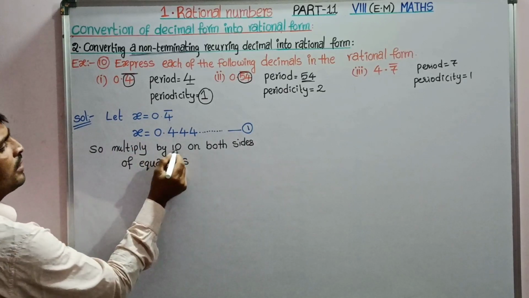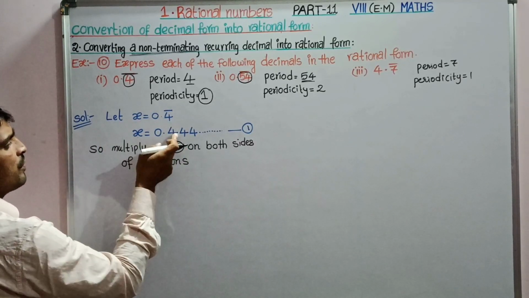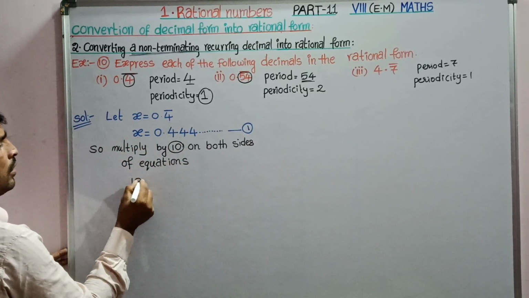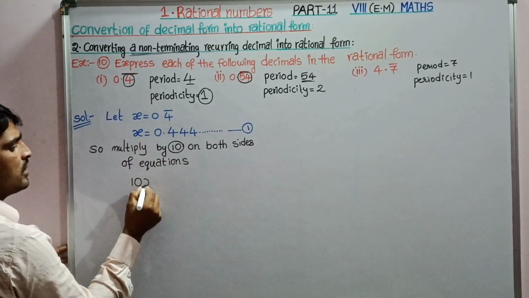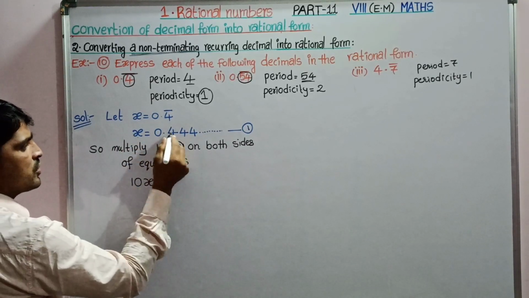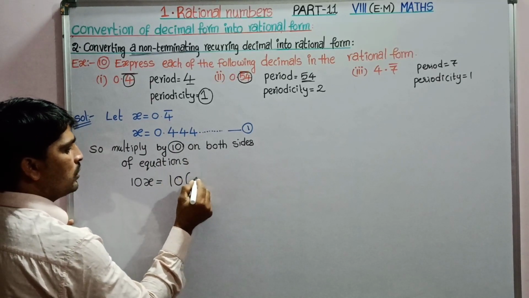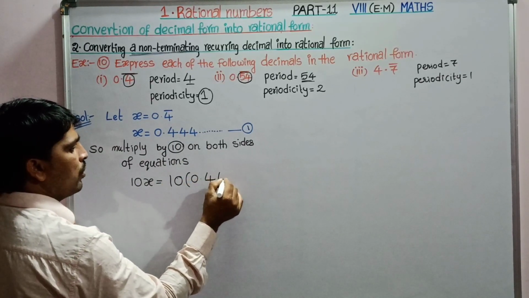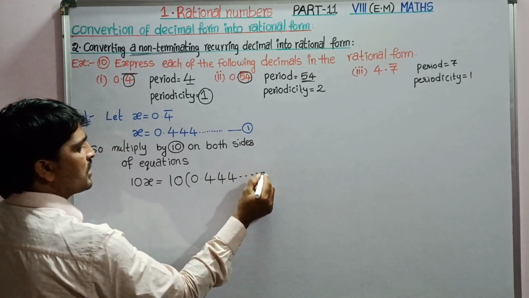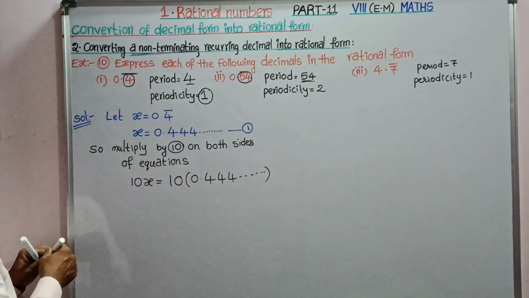That is, on LHS 10 into x we get 10x. On RHS, 10 into 0.444 and so on.